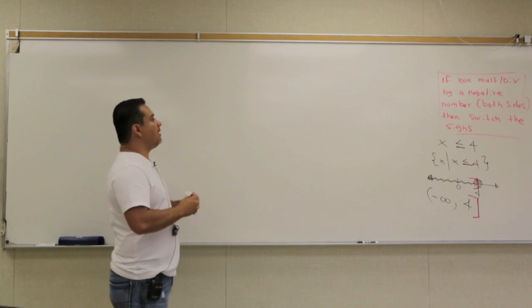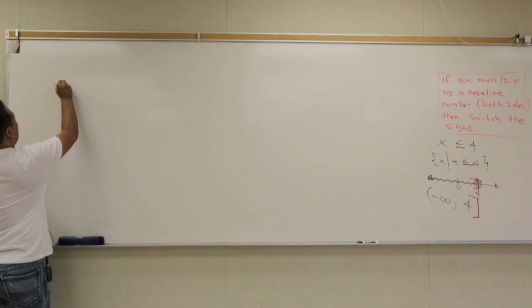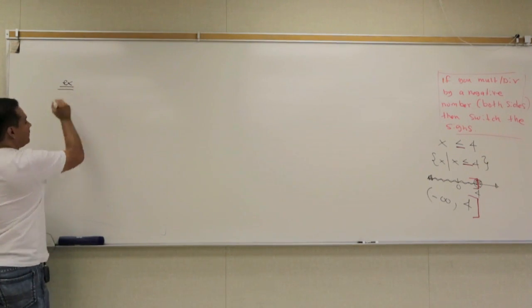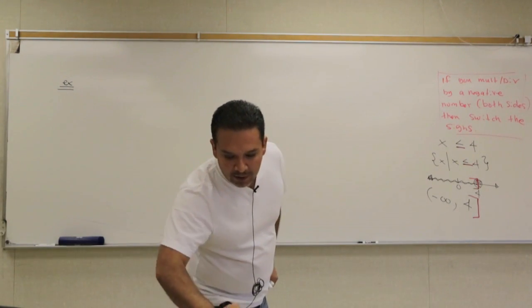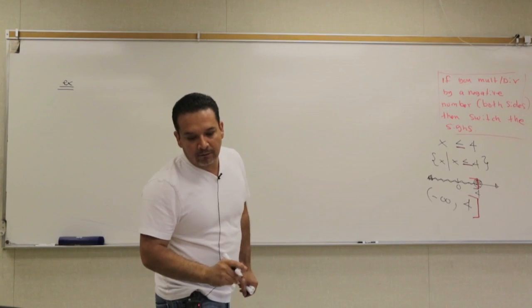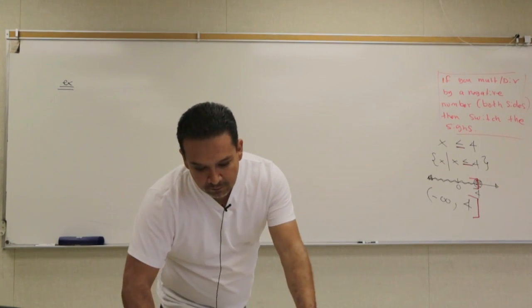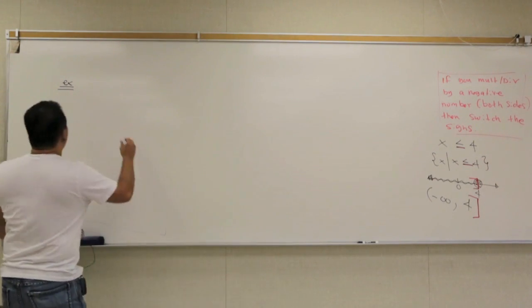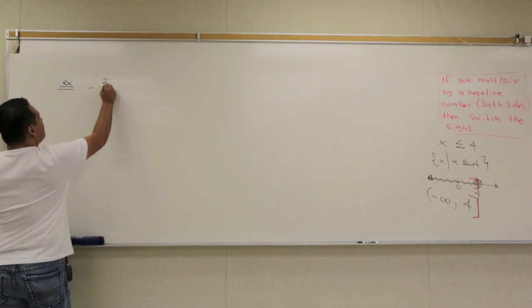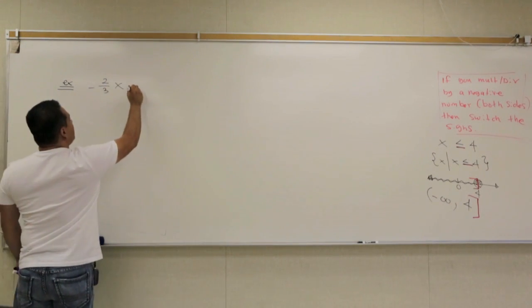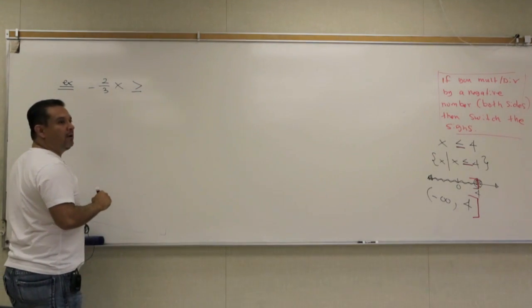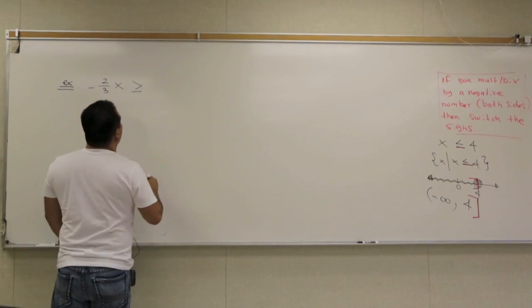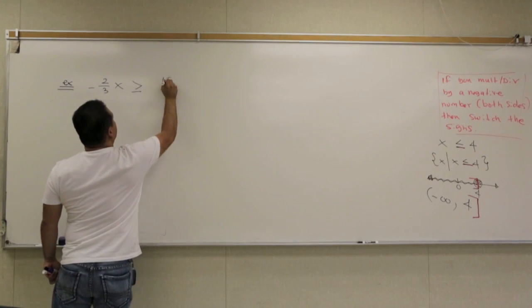Let's look at a couple more examples. How about this? What if you had negative 2/3 x greater than or equal to 18?